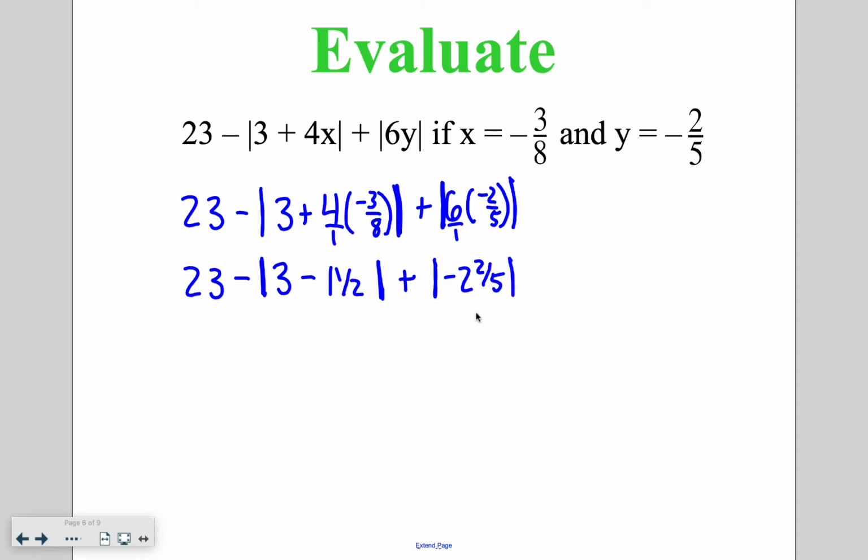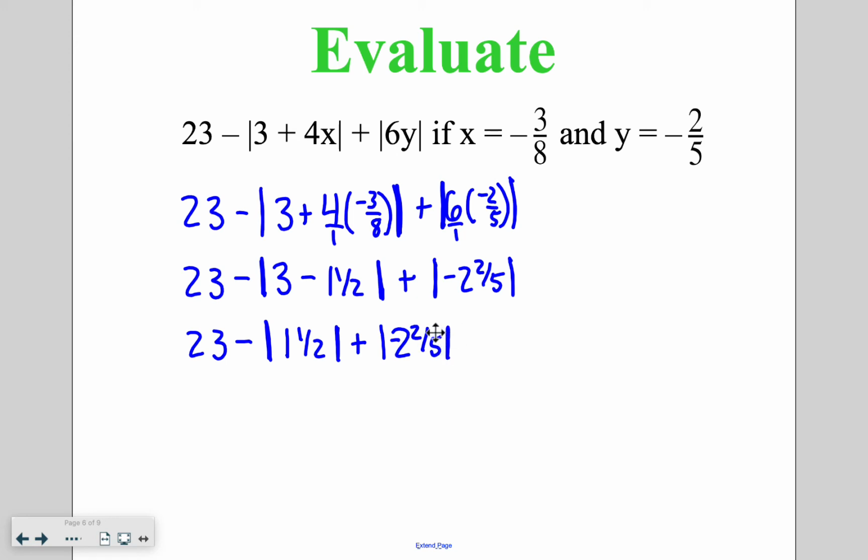So we've done our multiplication step. Now inside this first absolute value, I still have something further to simplify. So I've got -23 minus 3 minus 1/2 is going to give me 1 1/2. And then plus, we've got nothing further to simplify in the second one, so we've got -2 2/5.